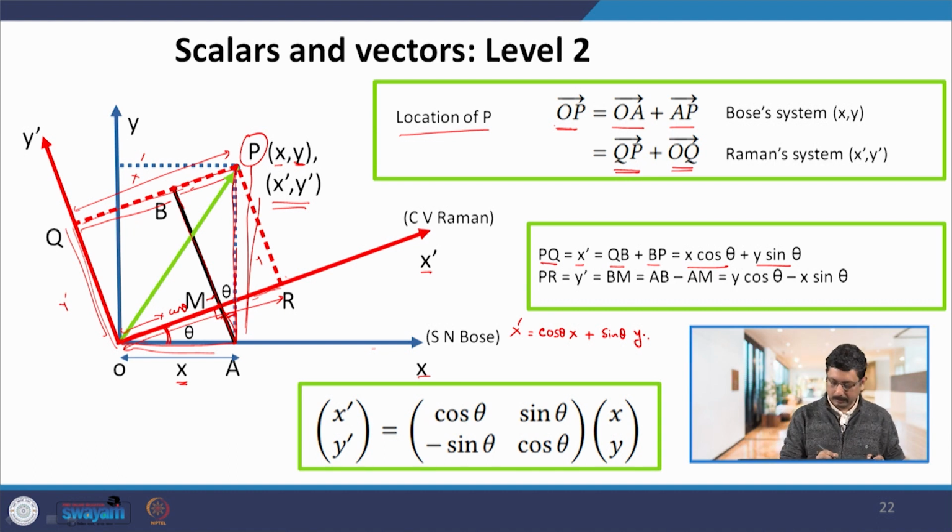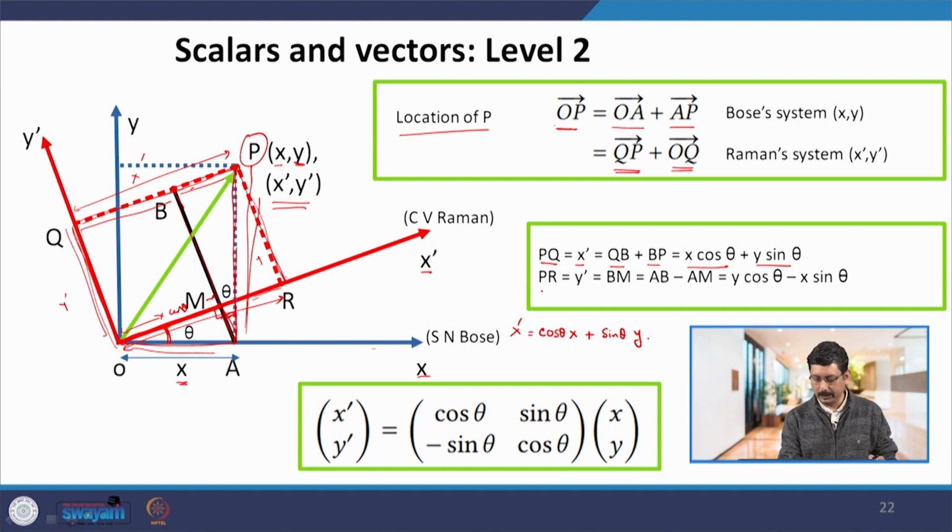Now, how much is y prime? So, y prime is this distance. So, y prime is same as OQ, and in this rectangle y prime is same as PR.